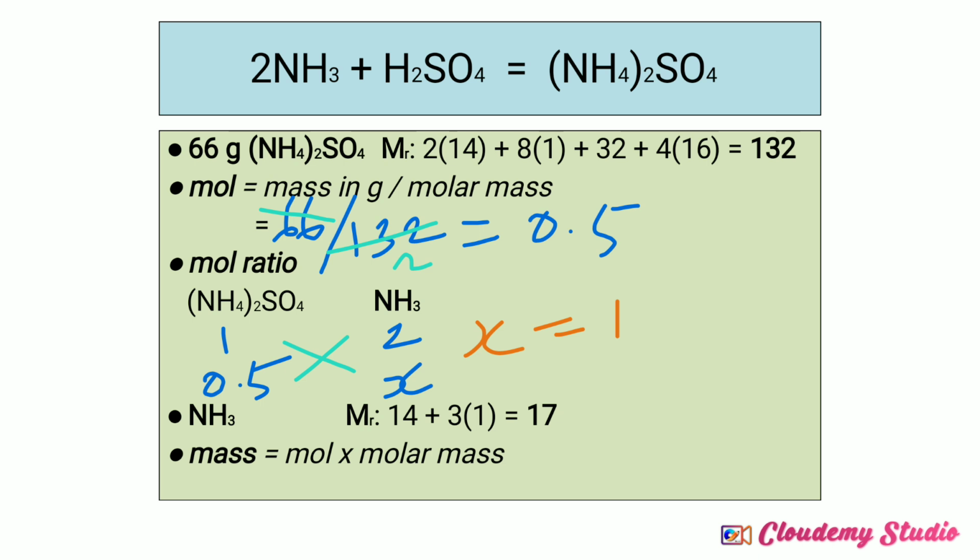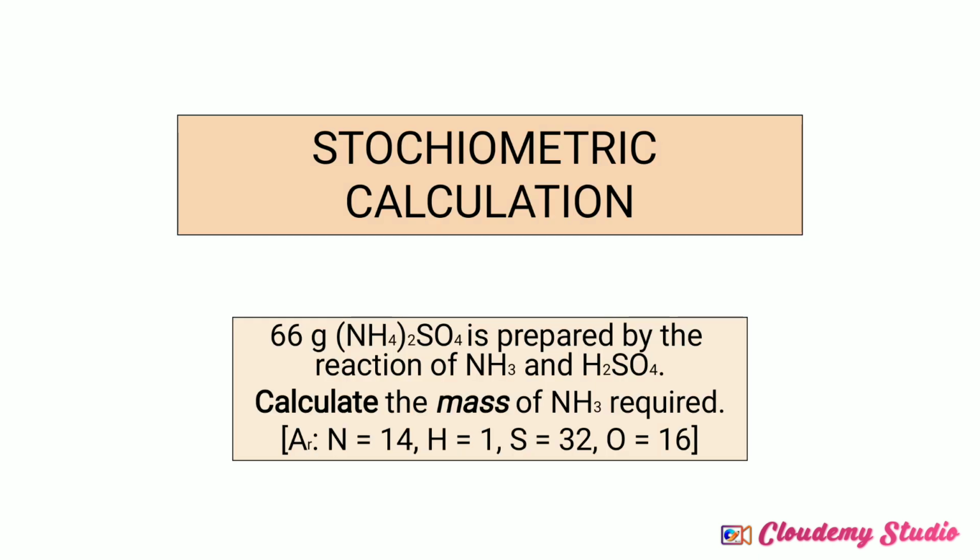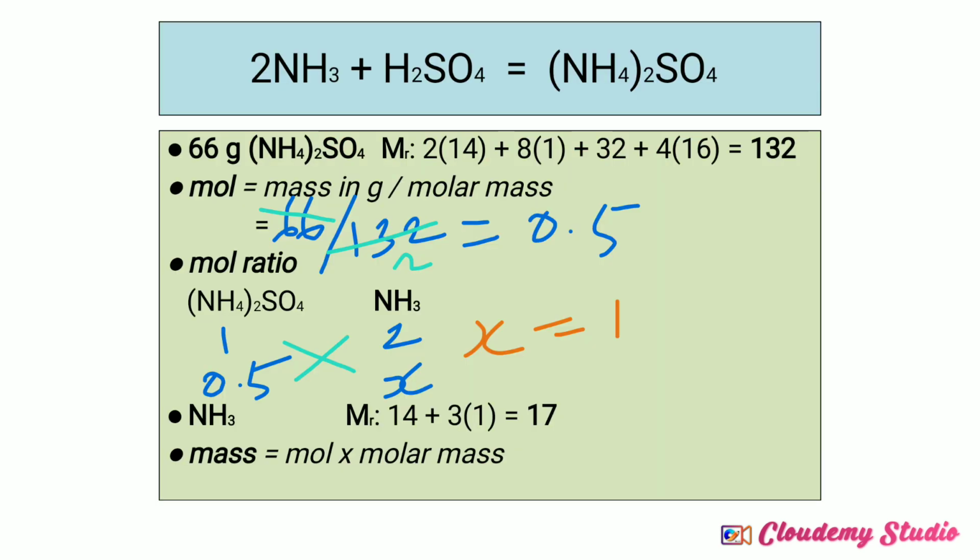The final question is the mass of ammonia. We calculate the mass of ammonia using the formula mole times molar mass. The mole we have now got is 1 mole, so we substitute this 1 mole here.